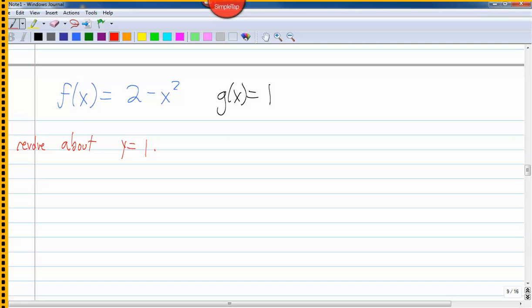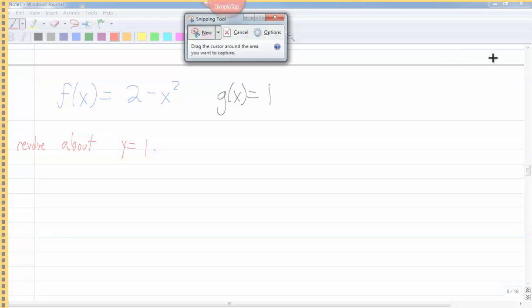Alright, so you are going to need to be able to sketch lines. So you need to be able to sketch f of x equals 2 minus x squared, just a rough sketch. G of x equals 1, so it's like y equals 1. And then we're actually revolving it about y equals 1. Okay?